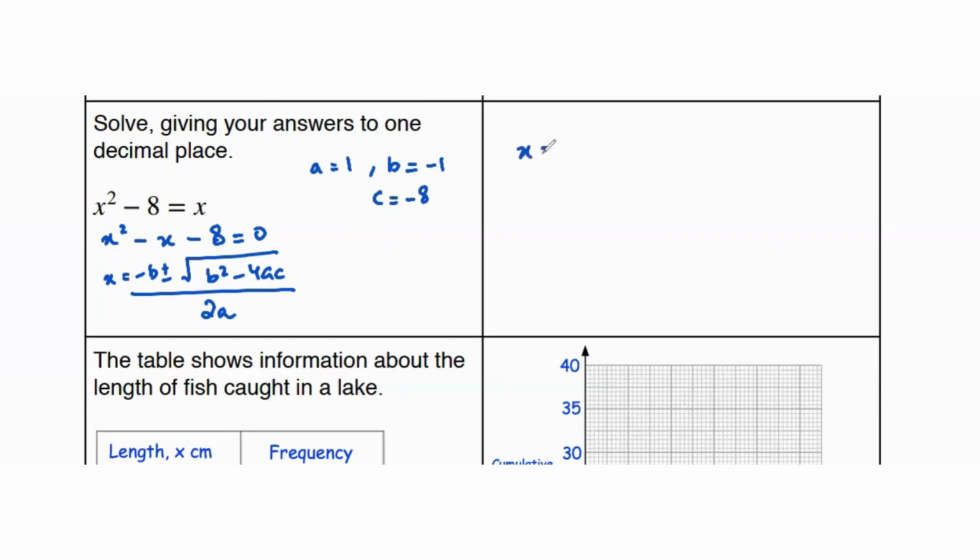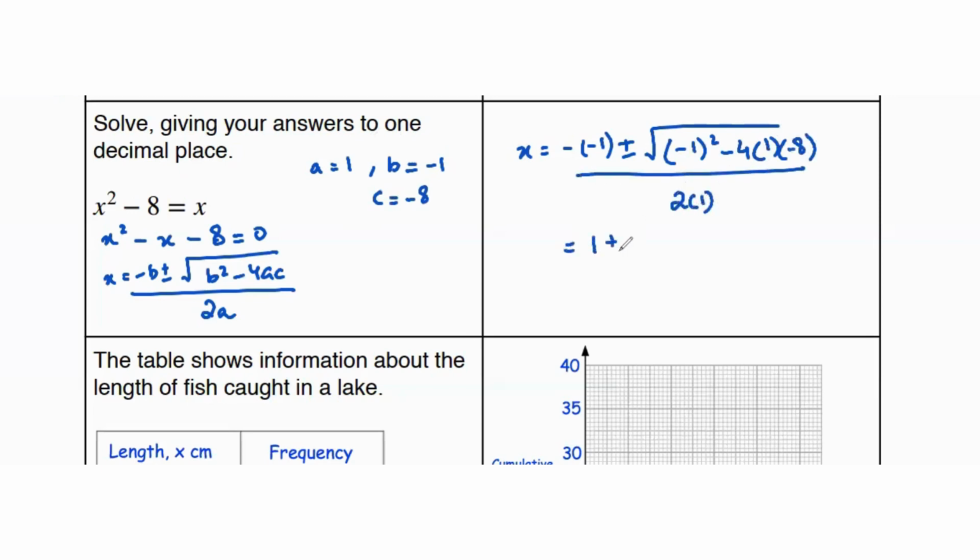So we're going to do x equals minus negative 1 plus minus square root of minus 1 squared minus 4 times 1 times negative 8, divided by 2 times 1. That's 1 plus minus square root of 1 plus 32, over 2.